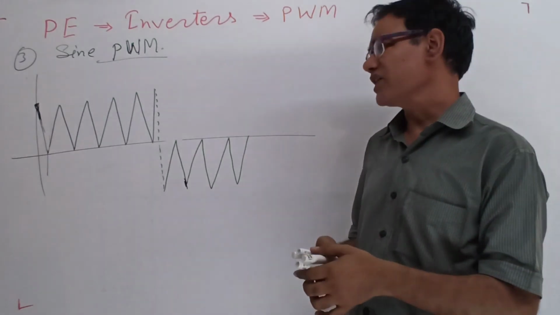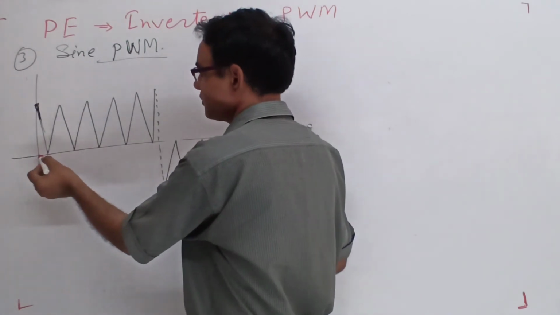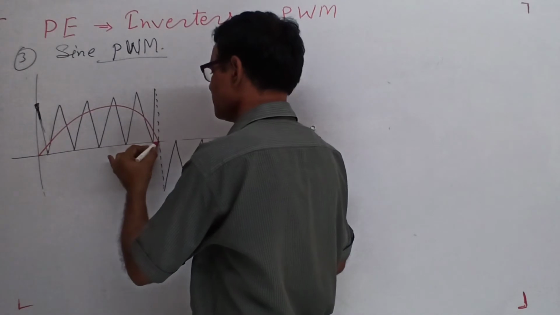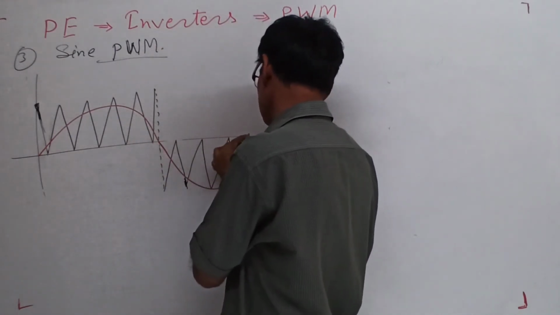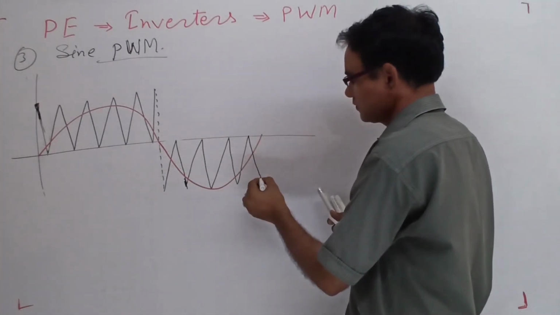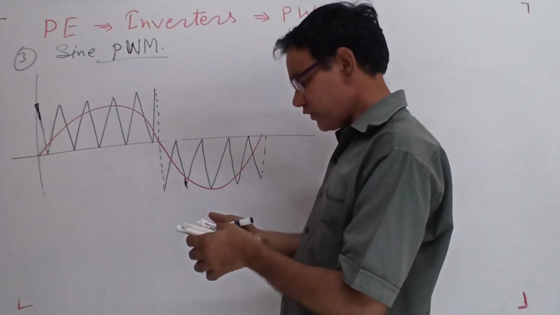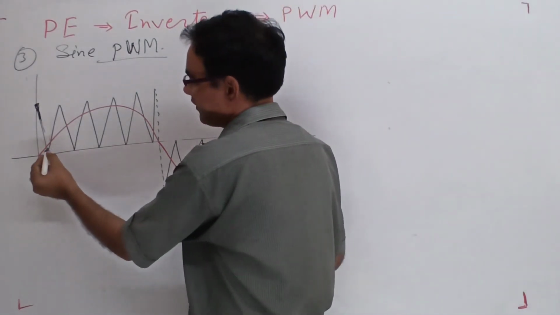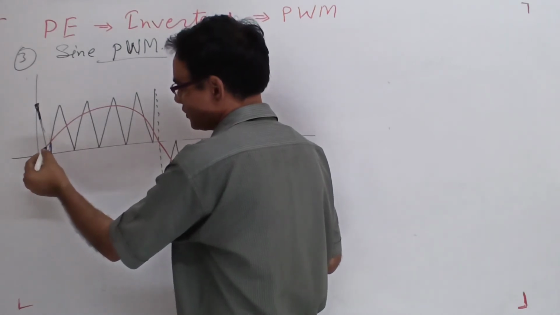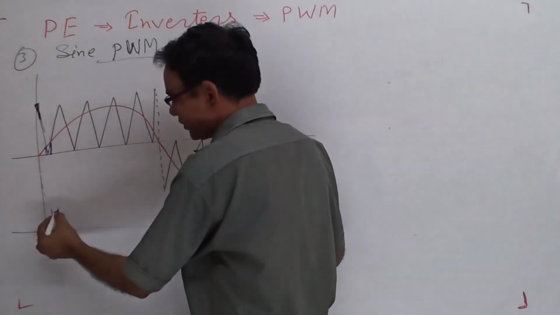How can we generate the sinusoidal pulse width modulation? Here the first pulse has this width. First pulse means a pulse is generated and it has a width equal to this one.